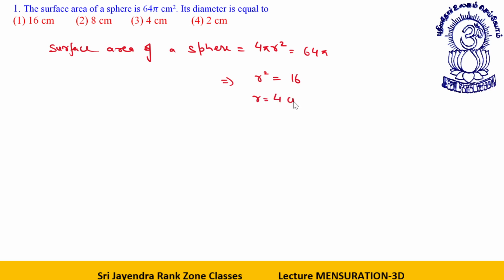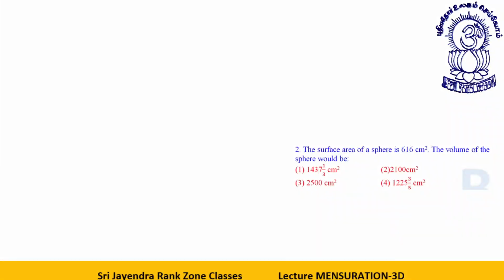Therefore, r is equal to 4 centimeter. Now, very easily, diameter is equal to what? 2r. That is 2 into 4 is equal to 8 centimeter. Okay. Next question.